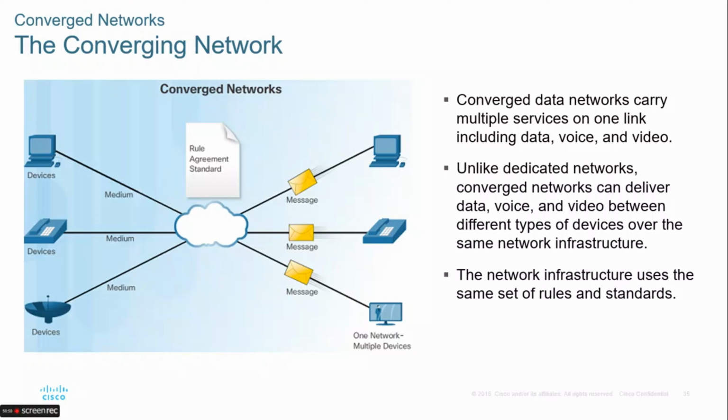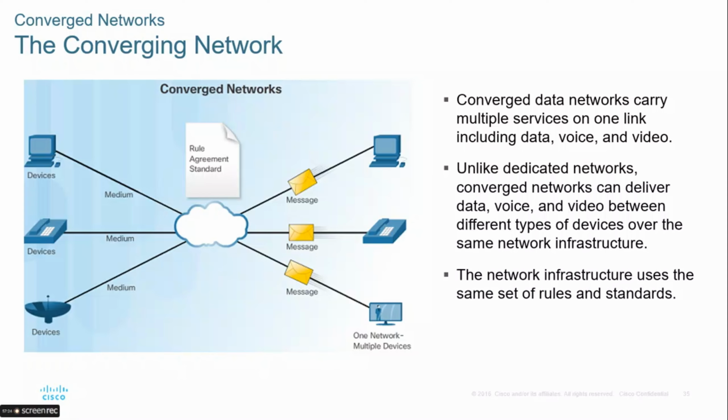Converged data networks carry multiple services on one link, including data, voice, and video. In such a network scenario, we use a concept called quality of service, whereby voice and video are given priority over normal data.